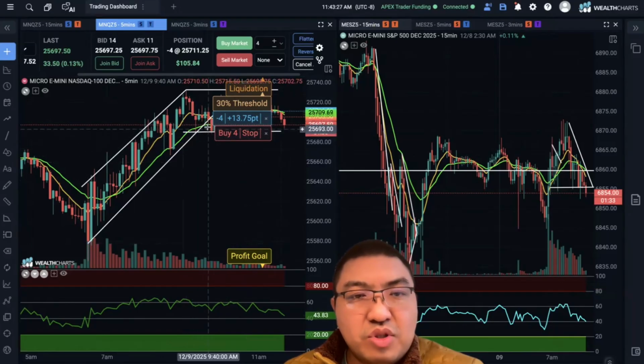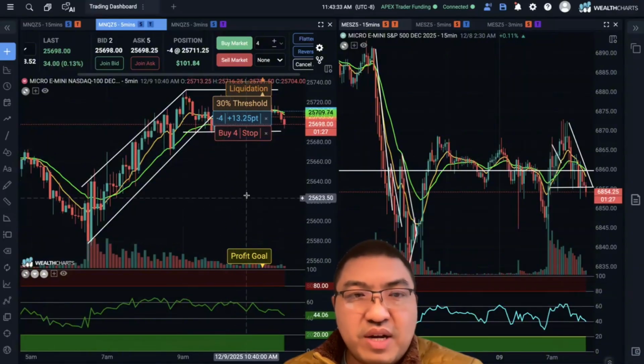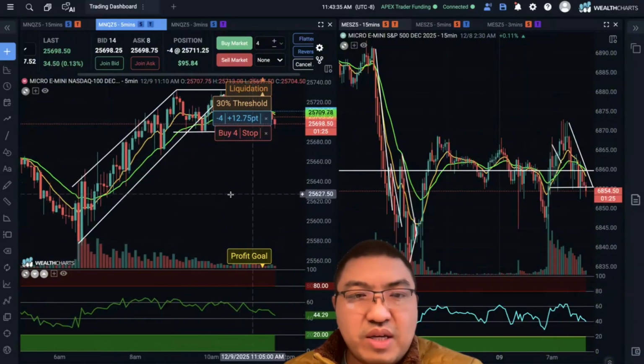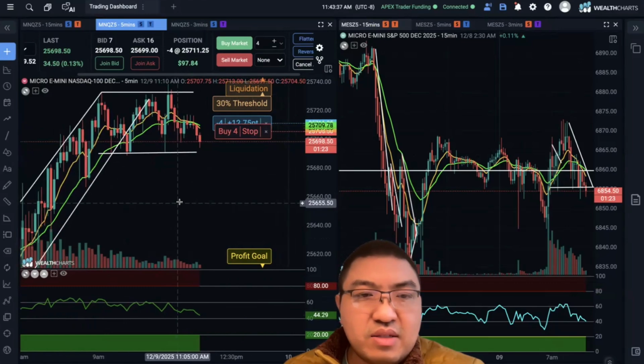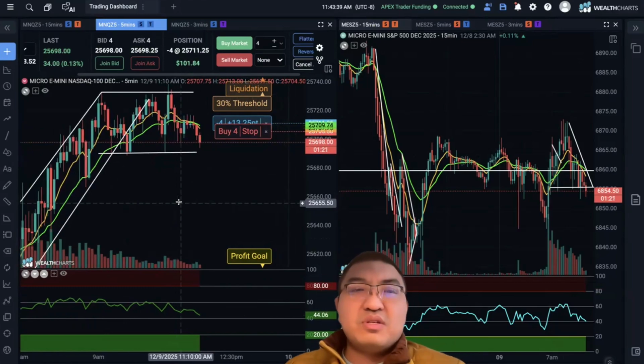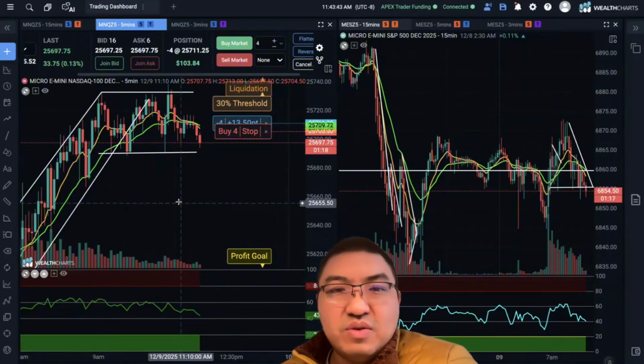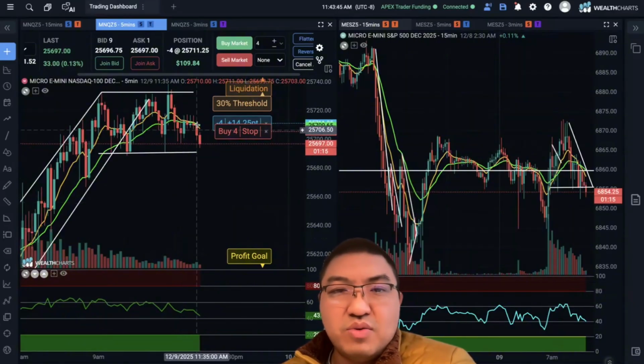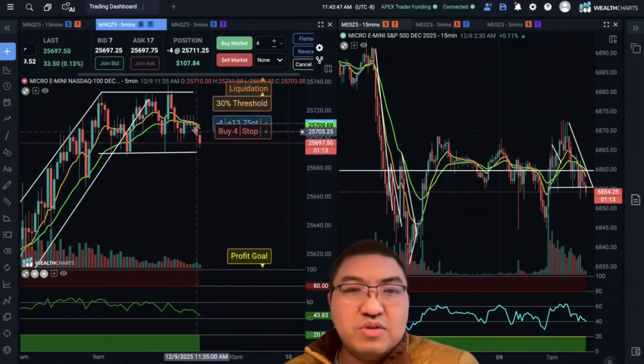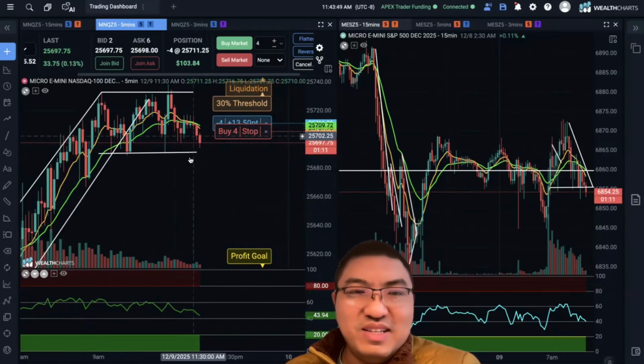So I will probably trail my stop loss somewhere here, or maybe I just take profit. May wait for the next breakout to re-enter a trade. Because when the battle happens, nobody is sure who is going to win. Why should I bet on who will win? I just follow whoever is the winner.